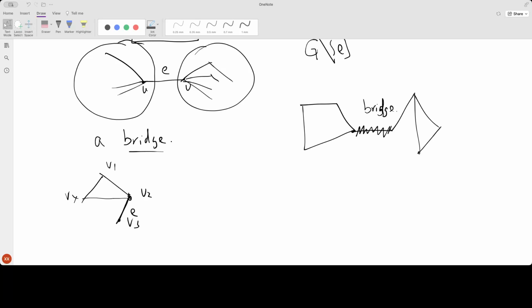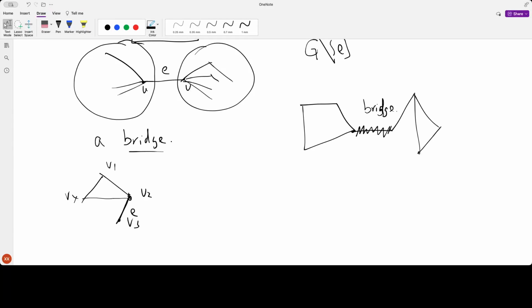If you remove it, it will create a triangle and an isolated vertex. In our language, an isolated vertex with no edge at all is also a graph.